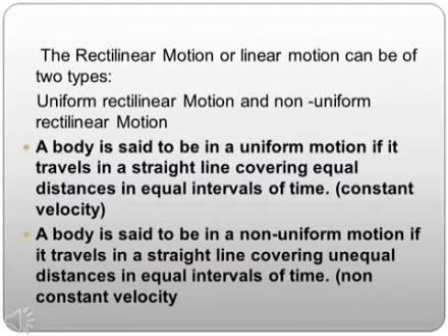It should have a constant velocity. But a body in non-uniform motion travels in a straight line covering unequal distances in equal intervals of time. That is, the body travels with non-constant or variable velocity.